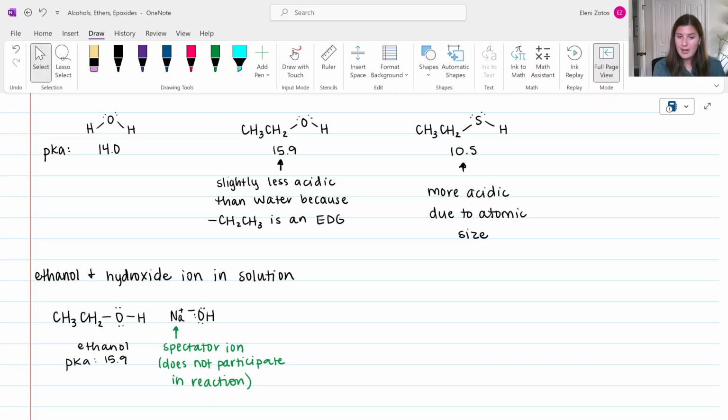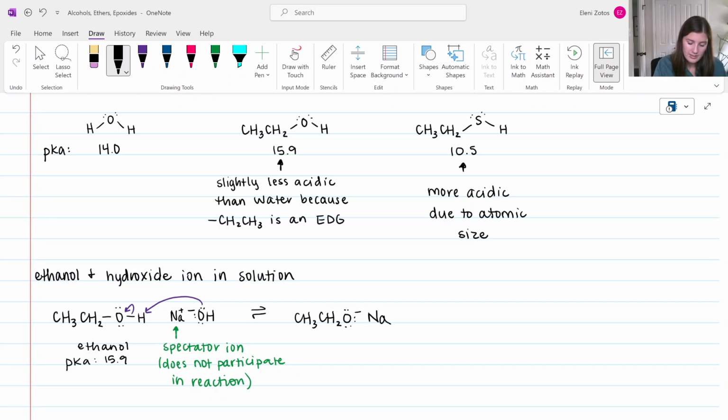So you might remember that hydroxide, the OH minus ion, sodium hydroxide, that's a strong base. So if we have a strong base in solution with ethanol, which can act as an acid, the base, which is a proton acceptor, creates a new bond to the acidic proton. The acid is donating the proton and accepting electrons that were in the bond to the acidic hydrogen. This is an equilibrium reaction, and our products are the ethoxide ion.